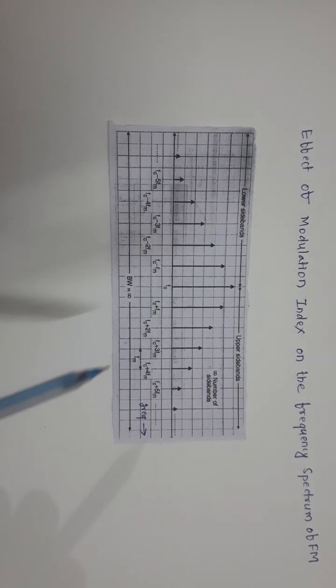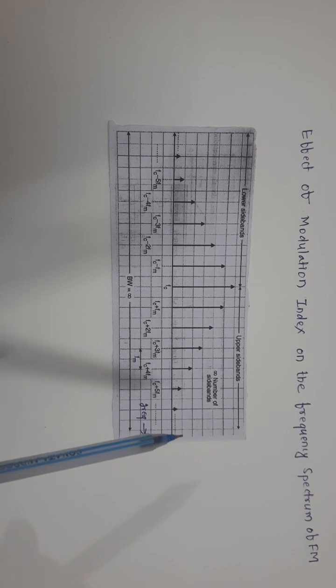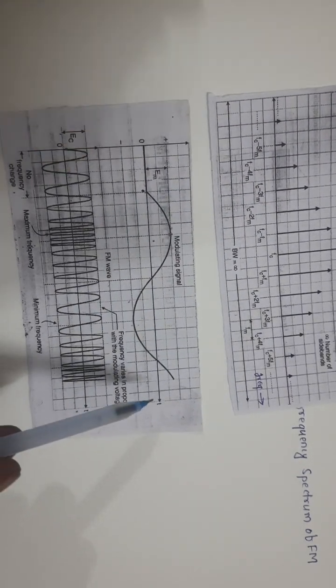In the frequency domain, the x-axis is frequency and the y-axis is amplitude, whereas in the time domain, the x-axis is time and the y-axis is amplitude.